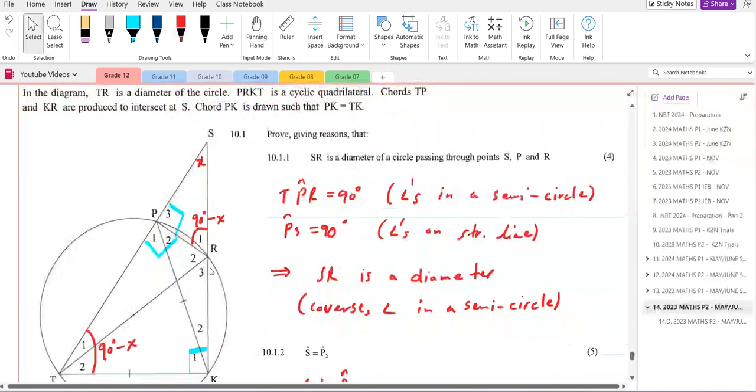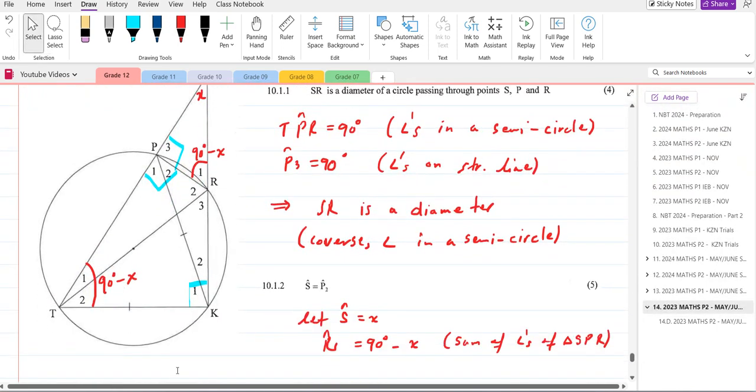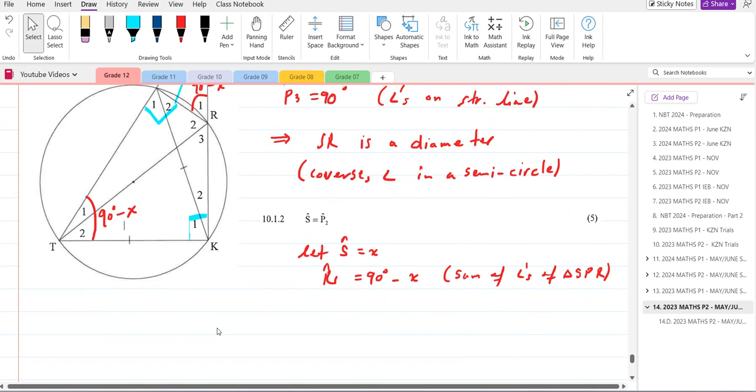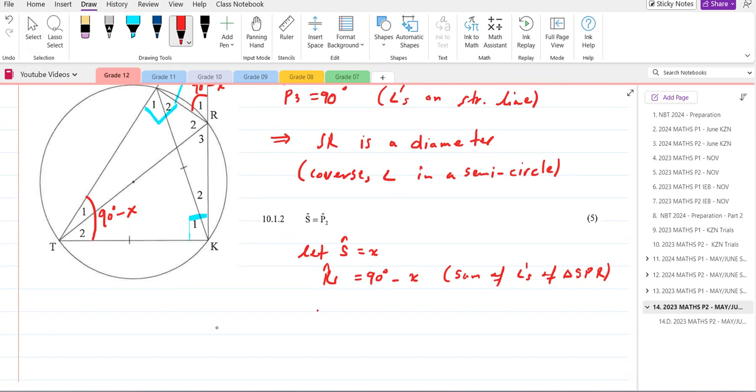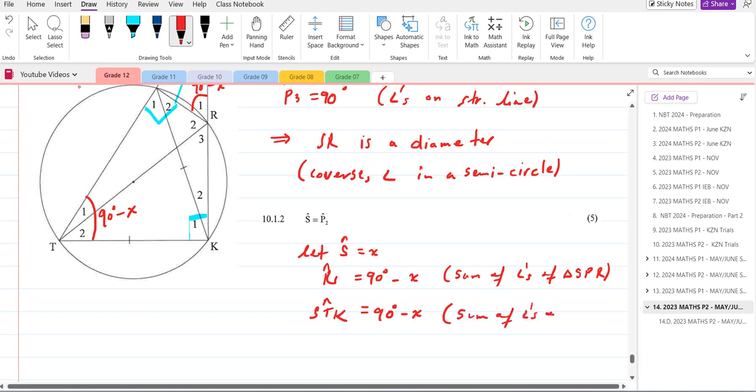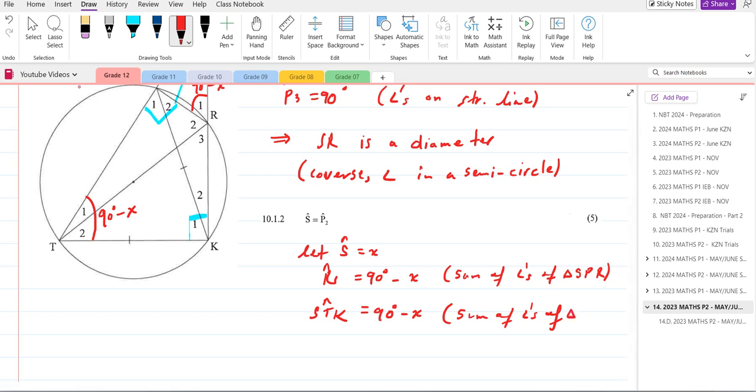We can say angle STK is also 90, because that is the sum of angles of triangle STK.